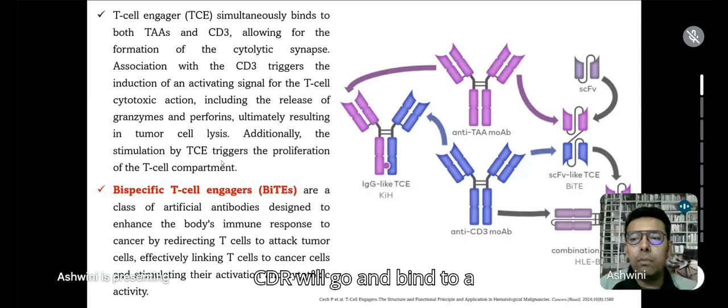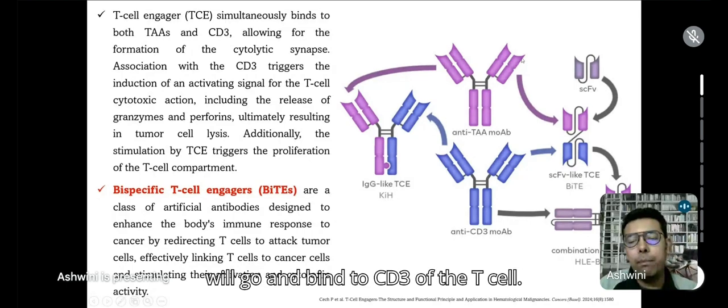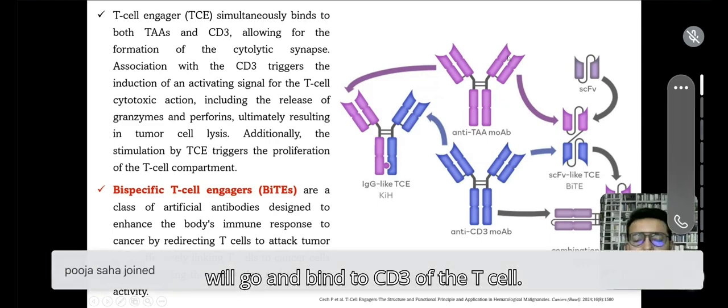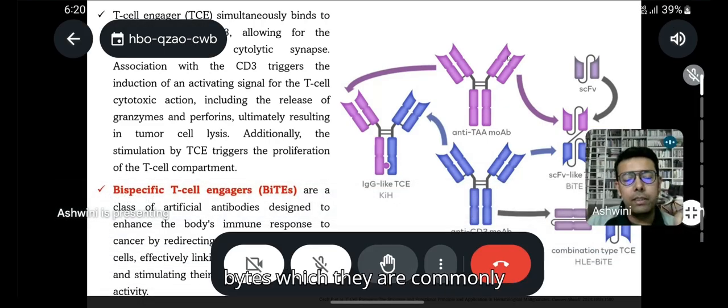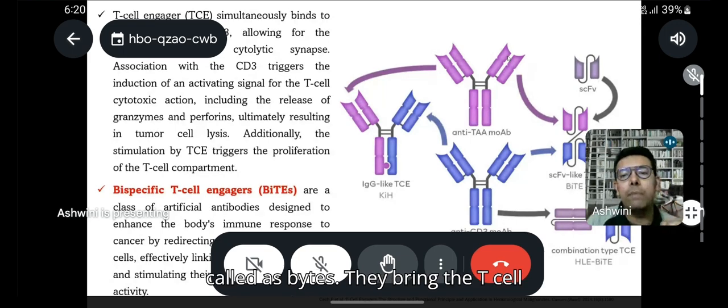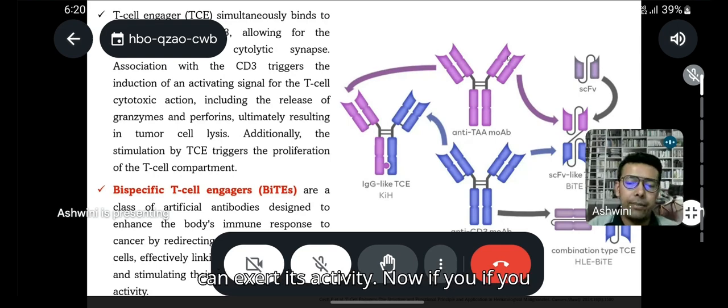will bind to a tumor-specific antigen, and the other CDR will bind to CD3 of the T cell. Now, these bispecific T cell engagers, commonly called BiTEs, bring the T cell close to the tumor cell so that the T cell can exert its activity.